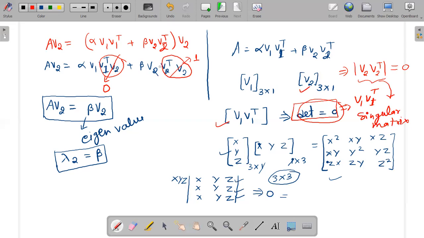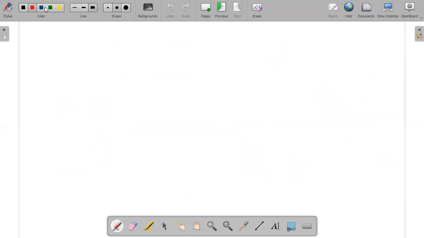Here you can see that the matrix A is nothing but alpha into v1 v1 transpose plus beta into v2 v2 transpose. So this is the sum of two singular matrices, right? So any matrix which is a sum of two singular matrices has determinant 0, right? So A is the sum of two singular matrices.